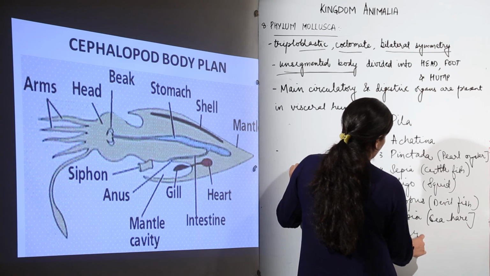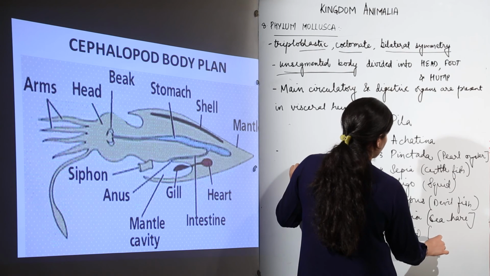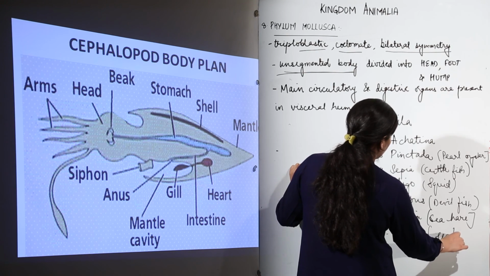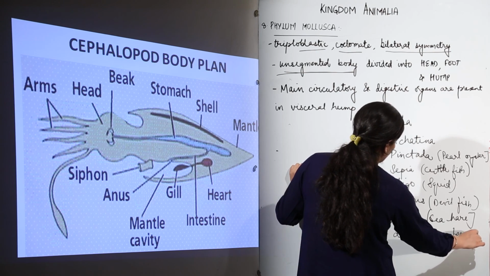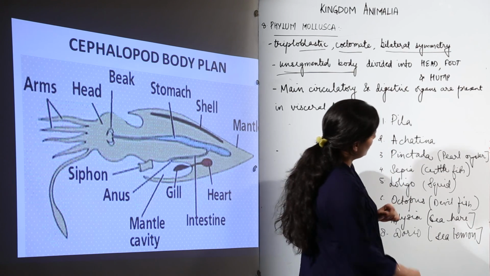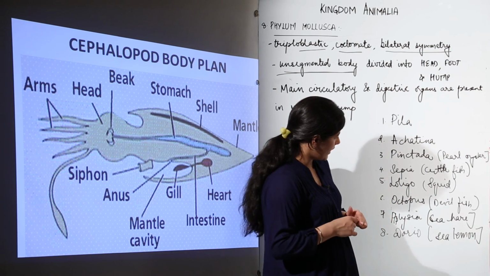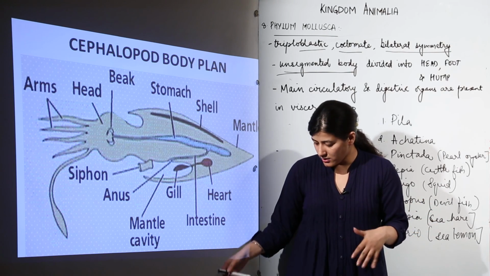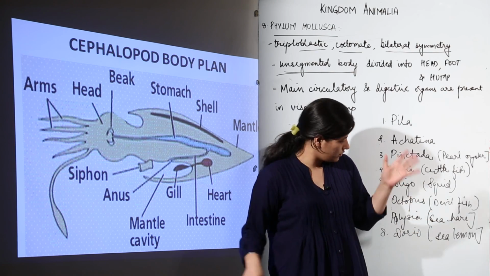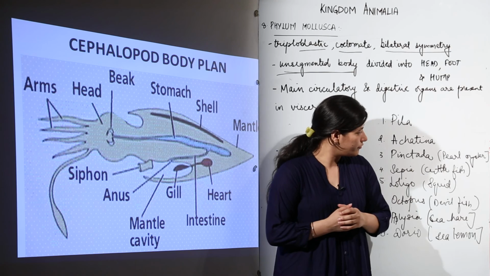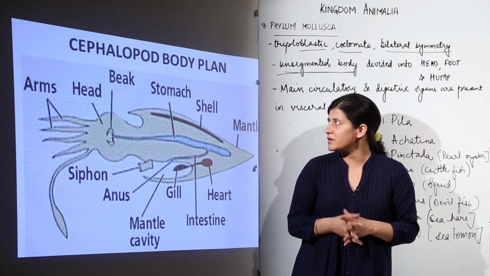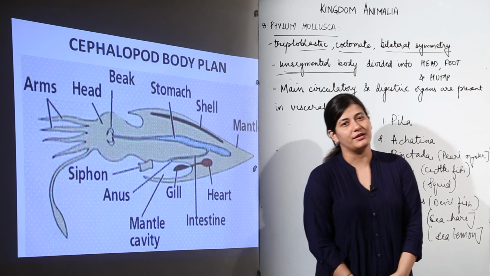I guess these many names are enough. For learning purposes, you can check their images, and the more images you check, the better you are going to remember them. This is what we have to understand about phylum Mollusca.